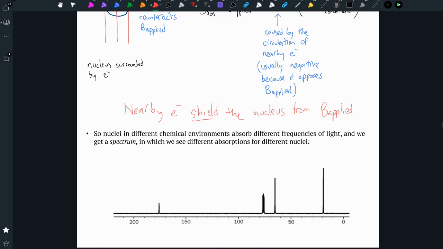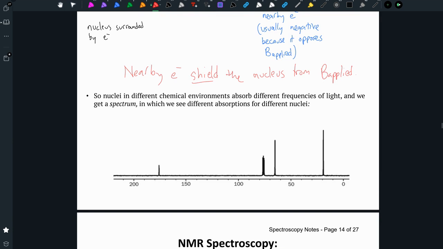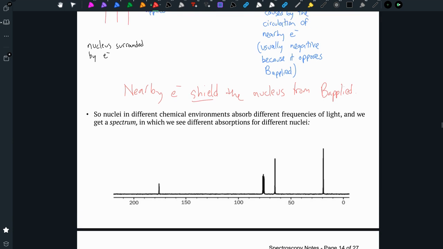Okay, so when we take the NMR spectrum of a molecule, we will get a spectrum that looks like this with different peaks.